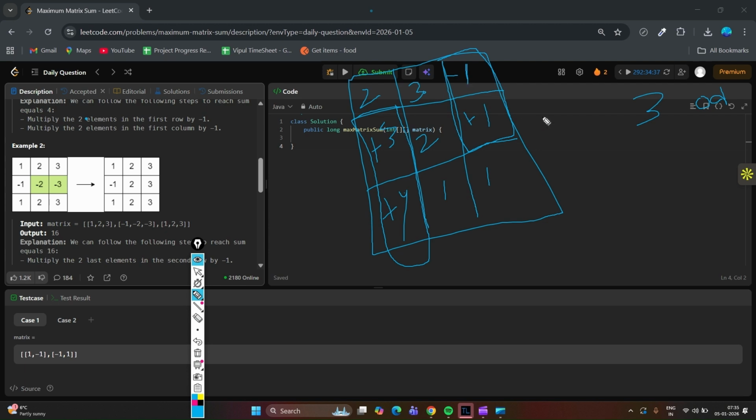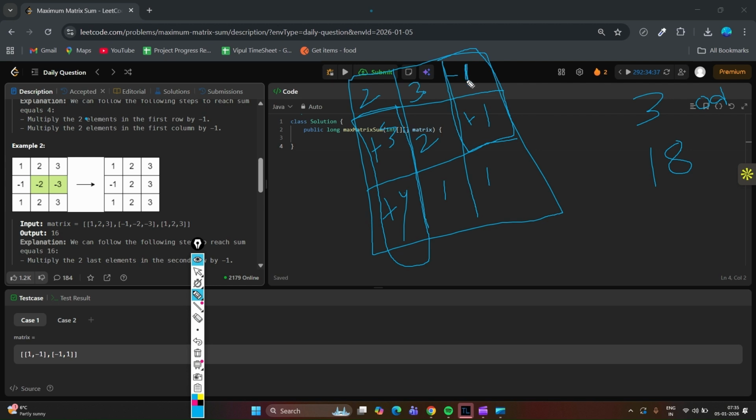So what should I do? We don't do anything, we just take the sum of all elements: 3 plus 5 is 8, 8 plus 4 is 12, 12 and 4 is 16, and 1 is 17, and 1 is 18. It means 18 is the absolute sum, the total sum. But we have 3 negative numbers, and among these 3 negative numbers, minus 1 is the smallest.